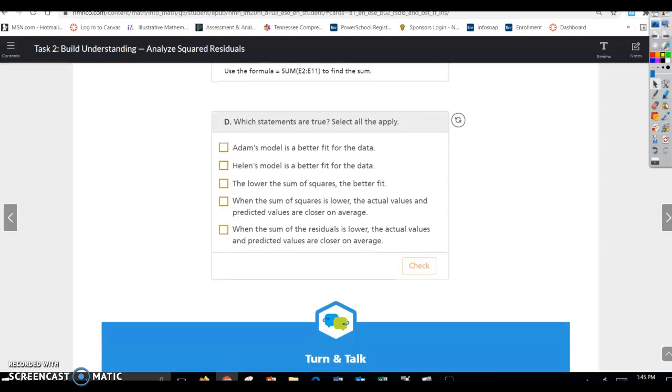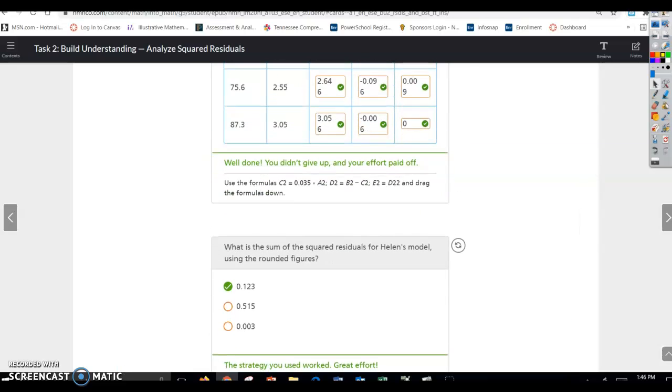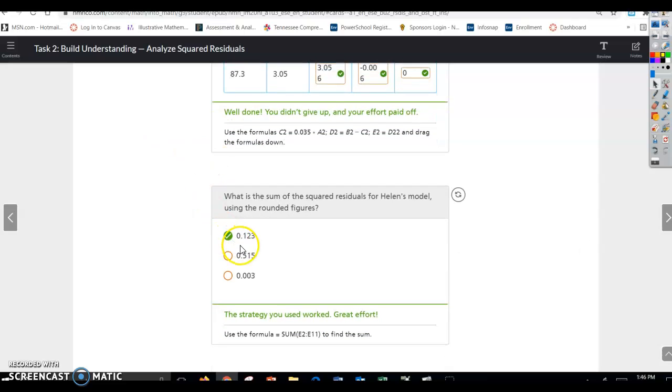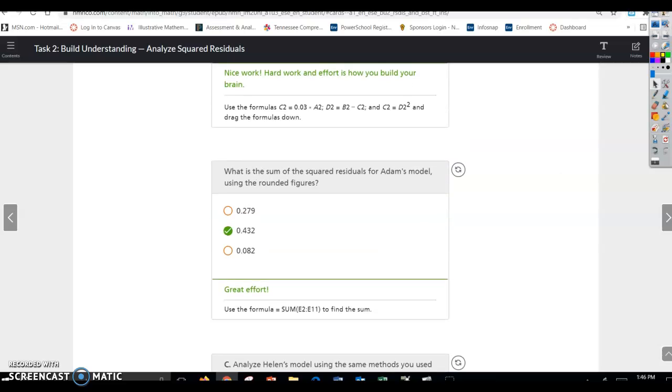And so it says, which statements are true? Select all that apply. All right, so we can say that Adam or Helen's model is best fit. So Helen's model would be best fit because remember it said the number closest to 0. So 0.123, that's Helen's. And Adam's was 0.432.